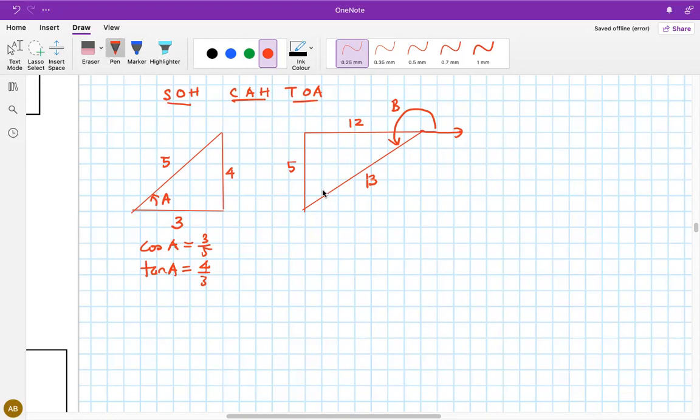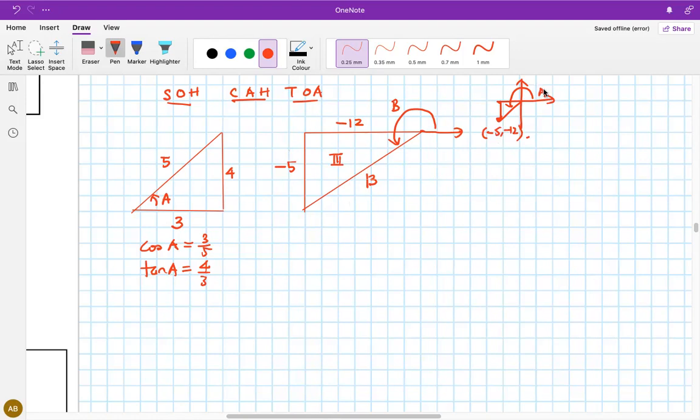And in quadrant number 3, this one is negative 12 and negative 5. If you draw the diagram and use a unit circle, the coordinate here is actually negative 12, negative 5.